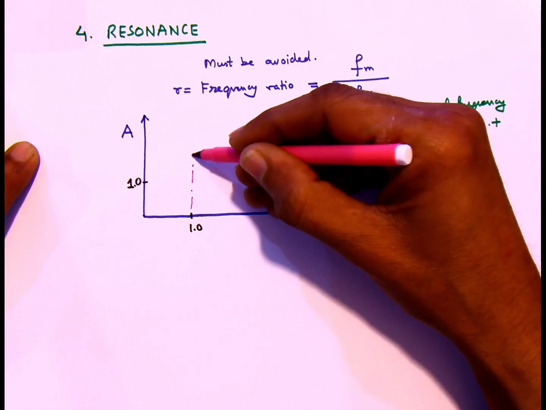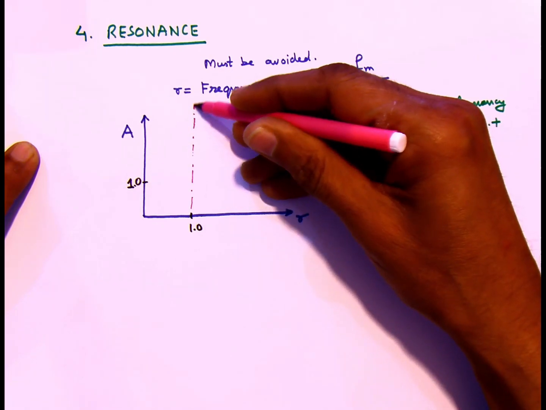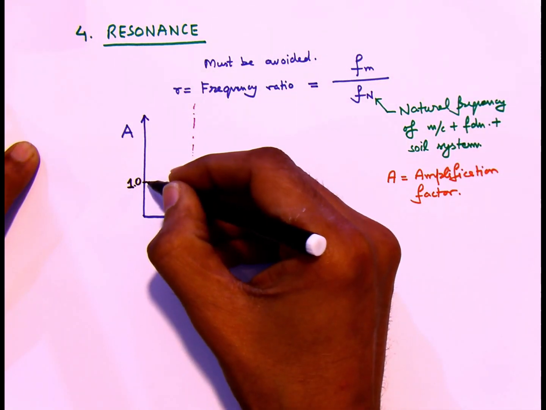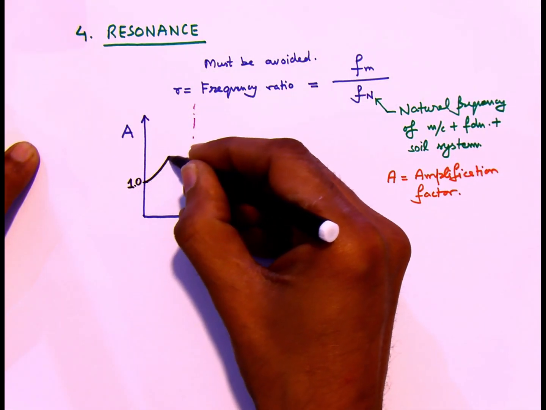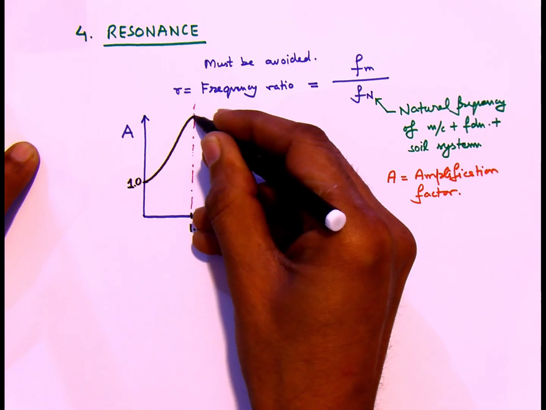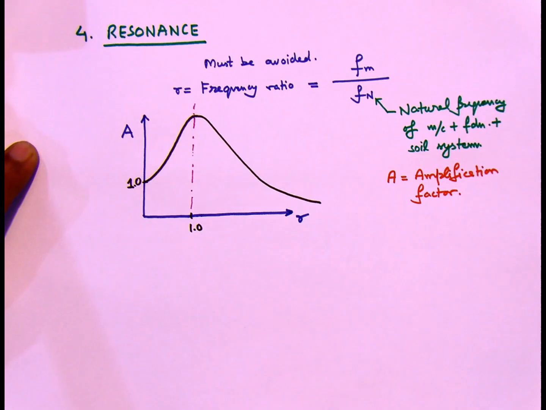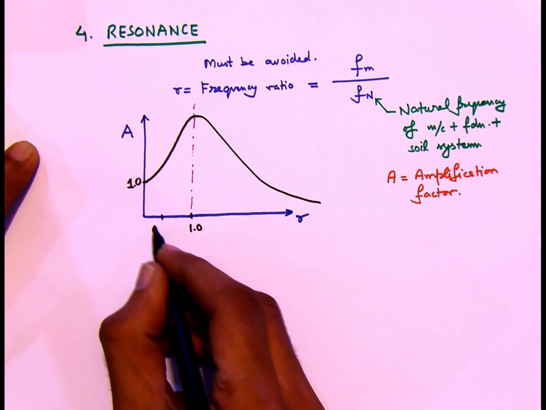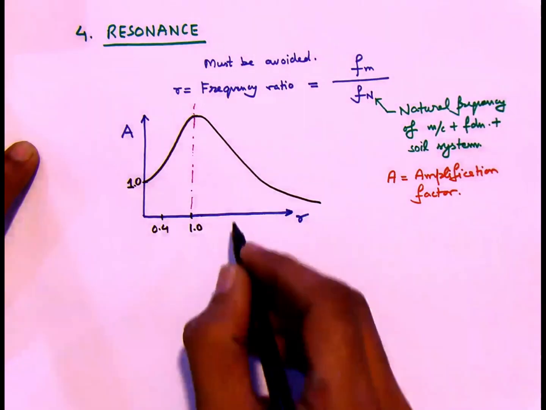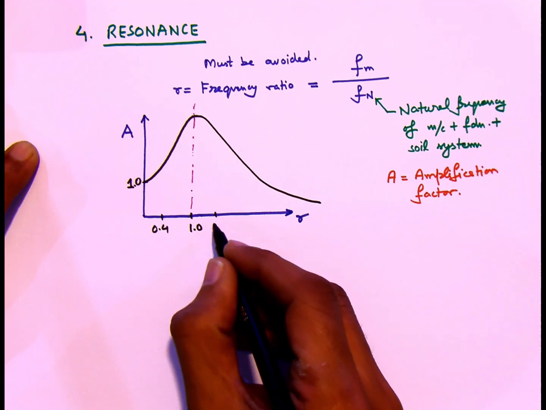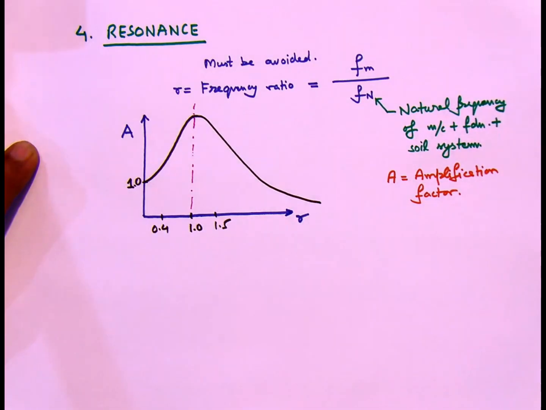Here the value of R equal to 1 signifies the resonance condition and the value of R equal to 0 signifies the static condition. From the static condition to the resonance frequency there is a peak, and the value of the amplification factor increases from 1 onwards. Then after achieving the peak at frequency ratio R equal to 1, it goes down.